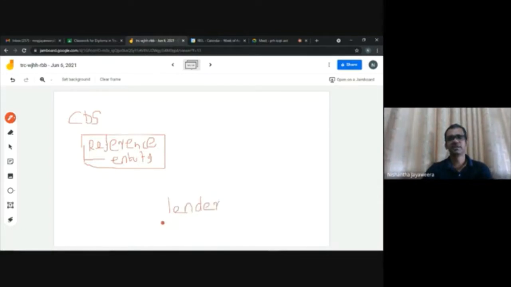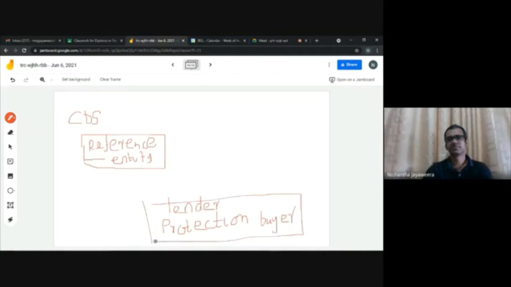We call that a protection buyer. Protection buyer. So basically what has happened, this lender has lent some money to this reference entity. That's the borrower.